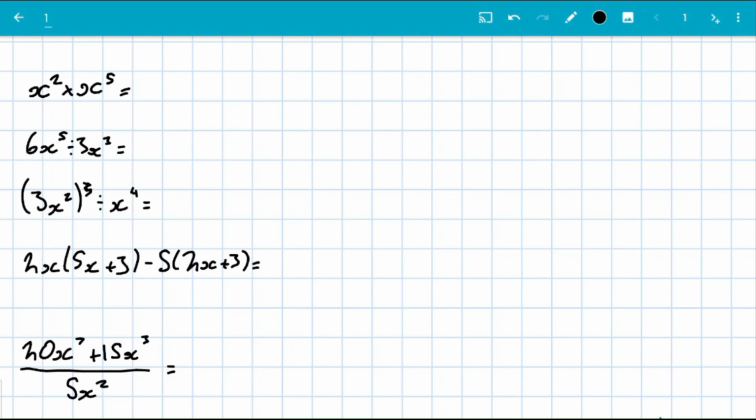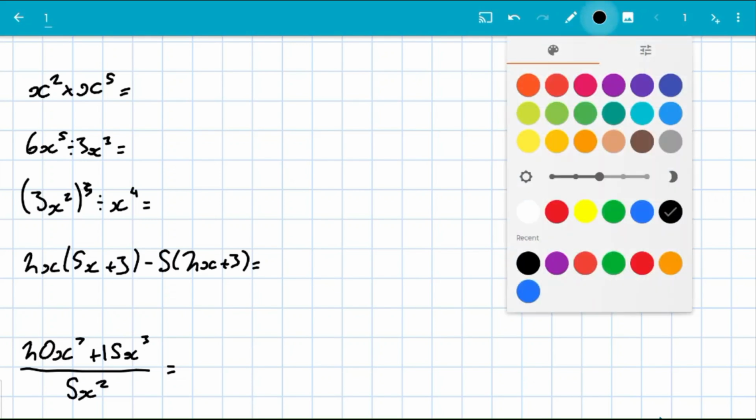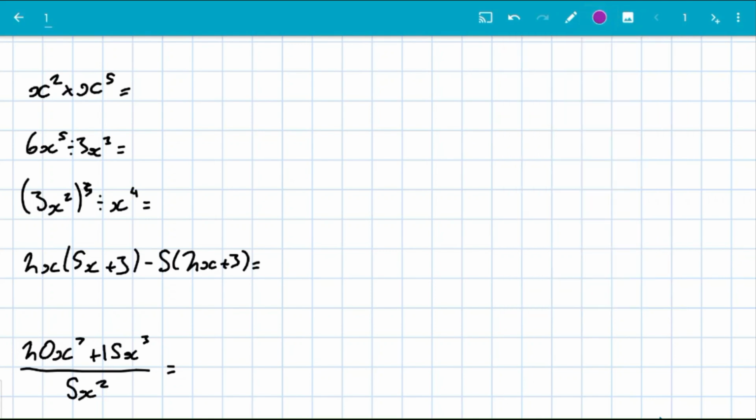Okay, so let's start off with the first one. x squared times x to the power of 5. We know that we must add the indices together to give us x to the power of 7. Next, 6x to the power of 5 divided by 3x to the power of 3.